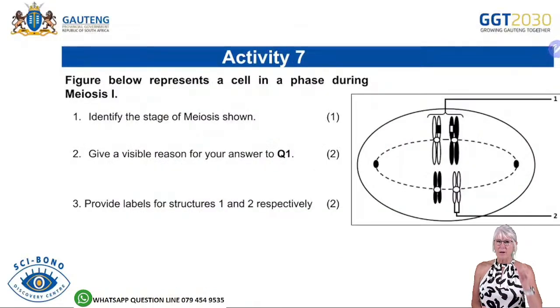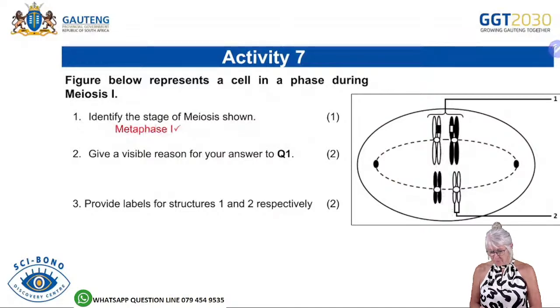Then, if we have a look at this question here, again, they've given us a diagram, and they say identify this. First of all, they say the figure below represents a cell in a phase during meiosis 1. So they've been kind and at least told you it's meiosis 1. Then they say identify the stage of meiosis shown. To me those chromosomes are lined up in the middle on the equator, and they are occurring in pairs. So I would say that would be metaphase 1.